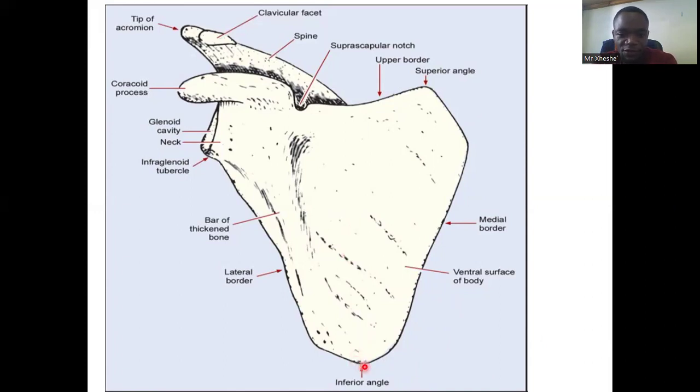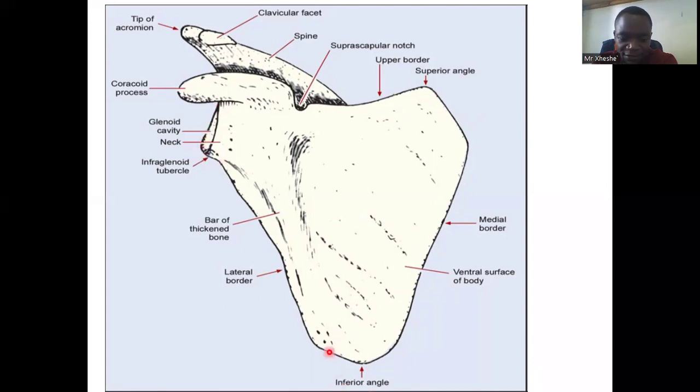Now, if there's an inferior angle, then there must be a superior angle. So this is the superior angle there. Then finally, we have the lateral angle, right here. So 3 angles. You see this line that then bends? That's an angle.